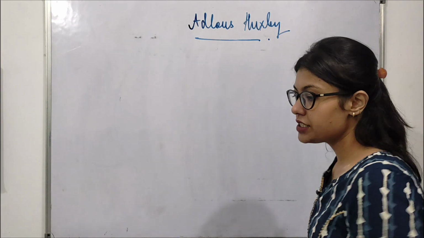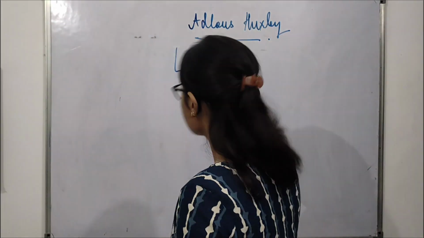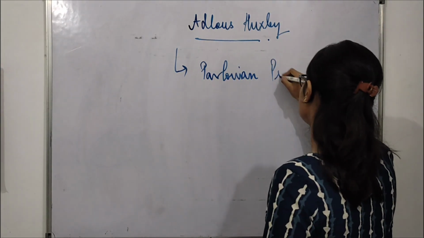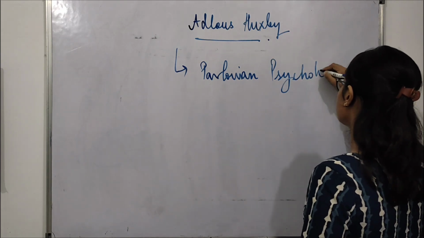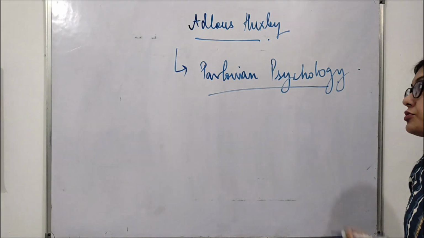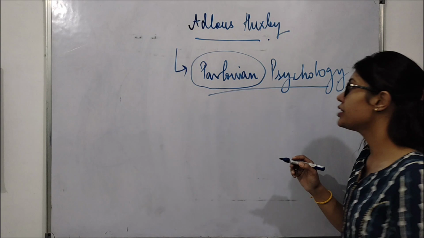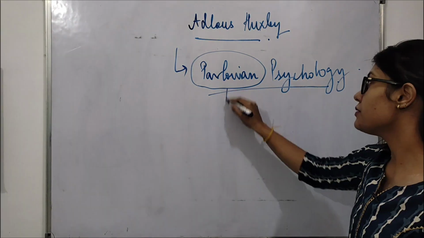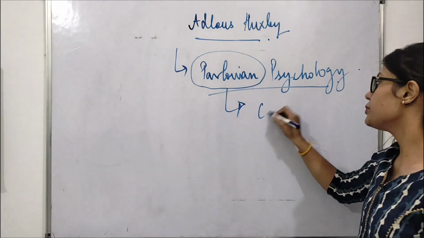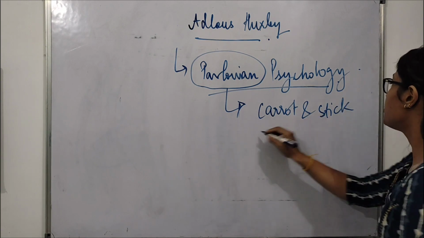So the first thing that you need to remember about him is that he was against Pavlovian psychology. Now, if you have studied anything about educational psychology, you would understand what it means. But for others, I will try to make you understand. Pavlovian psychology is when you treat a child with carrot and stick to get whatever you want.